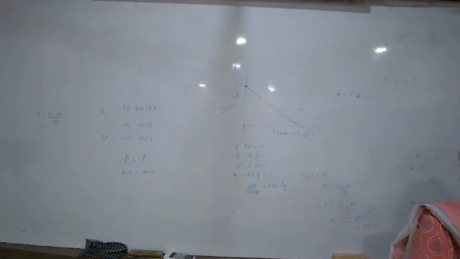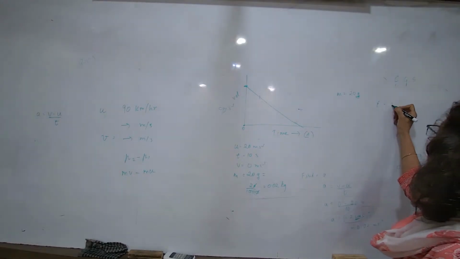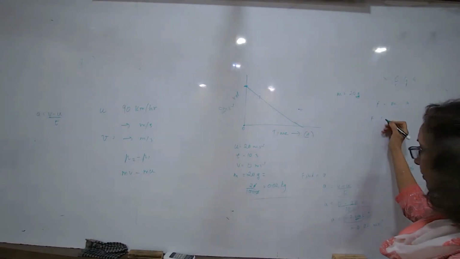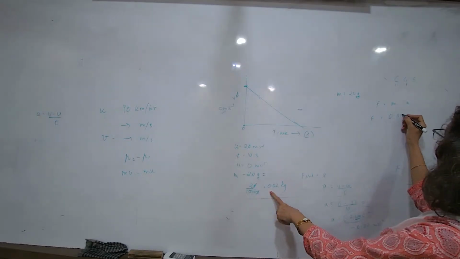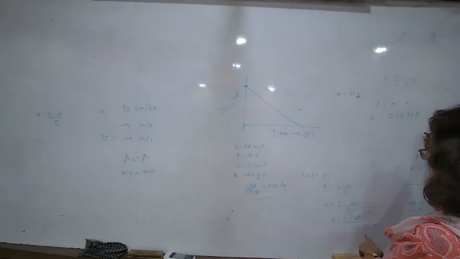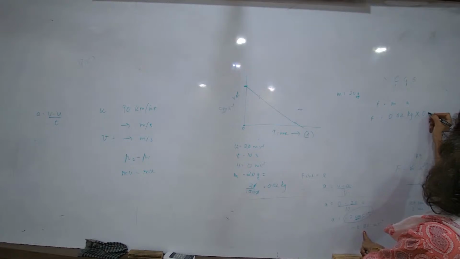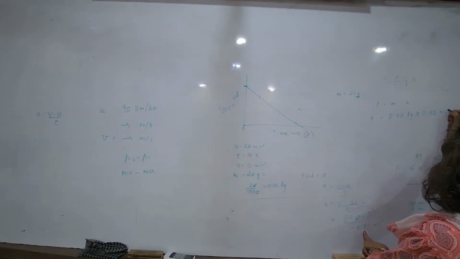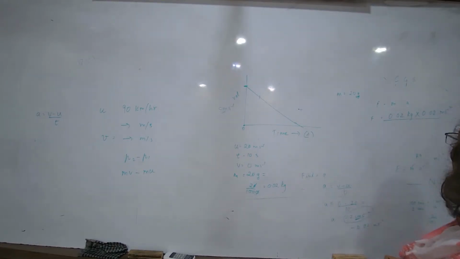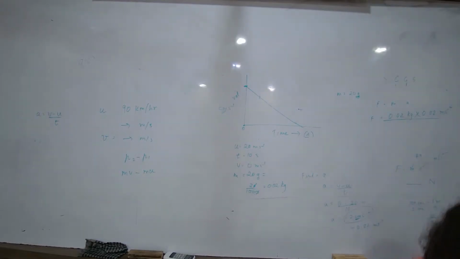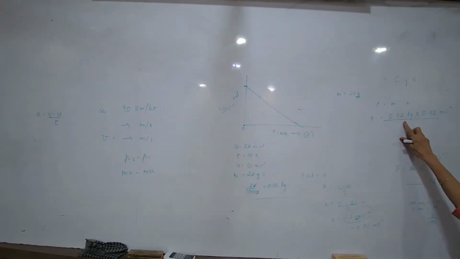0.04. There are 4 decimal points. No, 1, 2, 3, 4.